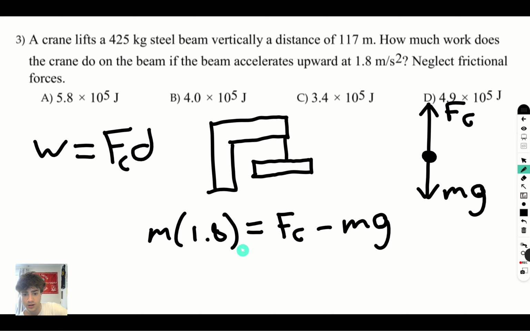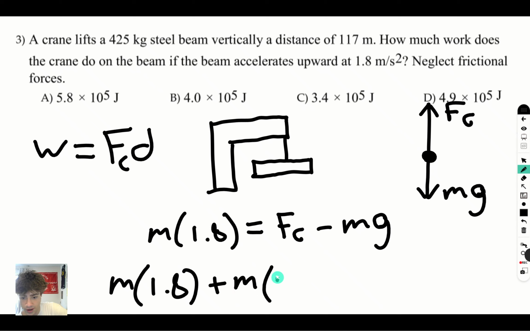And so, from here we notice that this term and this term have a similar variable of m. We can just rewrite this g as 10. And so let's just move this over to the other side. We get m times 1.8 plus m times g, or m times 10.